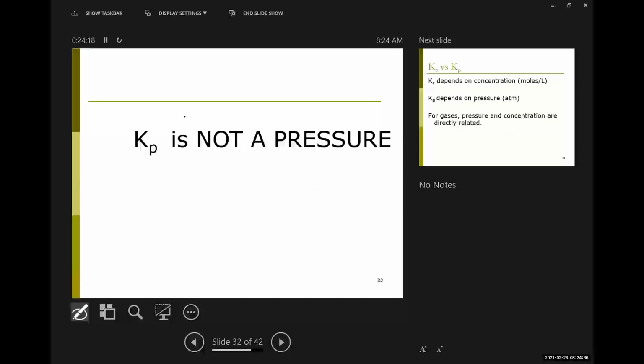Please note, it looks like in this problem, because there's only one gas, but Kp itself is not a pressure. Kp is a combination of pressures. In this case, it just so happens there's only one gas.